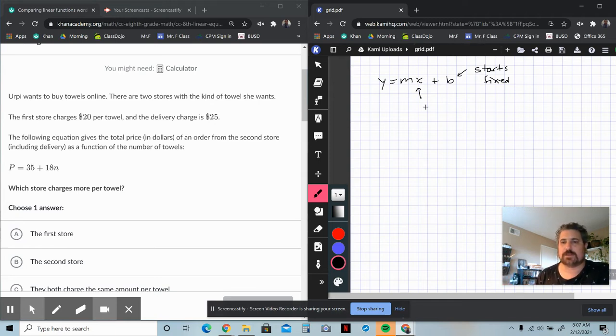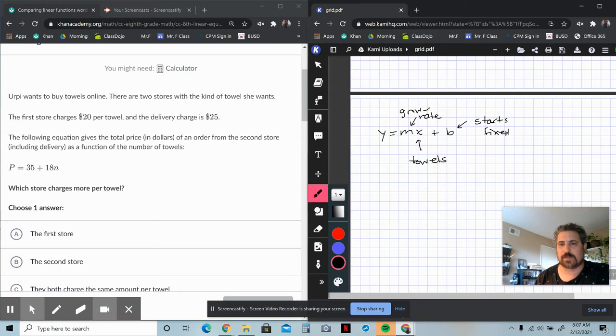We don't know how many towels we're going to have. And then there's usually some kind of rate, your multiplier, a growth rate. So I'm going to write growth rate here. The m is how it grows, and the b value is where it starts. And then the result is y, the output based on all this put together.